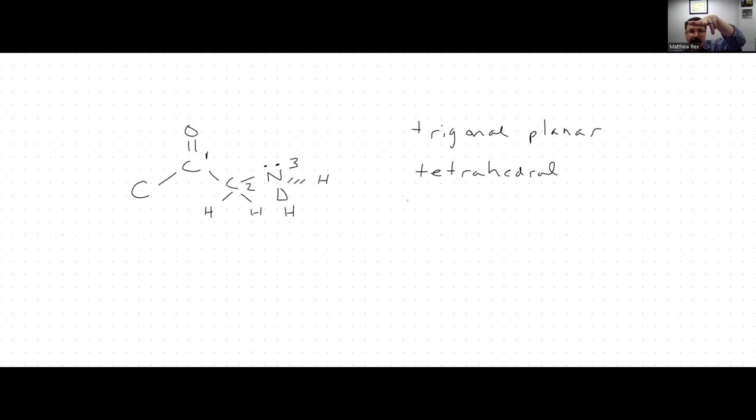So that's going to take the bonds to the carbon and the 2 hydrogens. That lone pair is going to push them down and give us a trigonal pyramidal shape. So for version A, that would have been answer A.